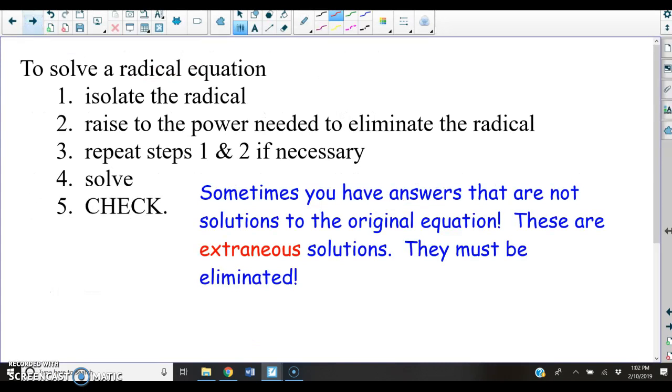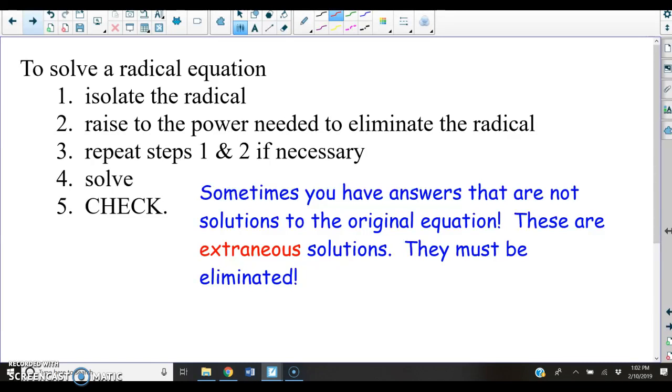Okay, to solve a radical equation, you follow these steps. Step 1, you isolate the radical. You get it by itself. Step 2, you raise to the power needed to eliminate that radical. Step 3, repeat steps 1 and 2 if necessary. Sometimes you have to isolate a second radical.